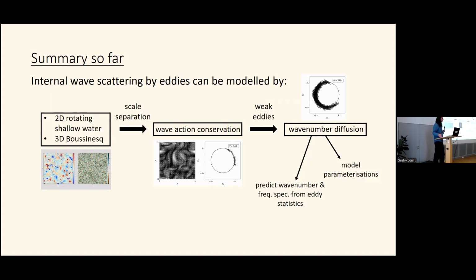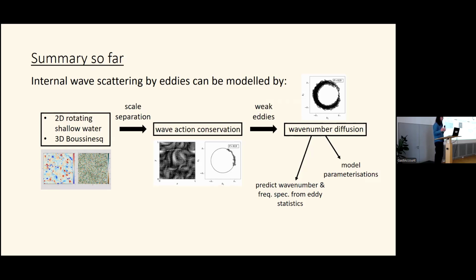And then if you further make this essentially a weak eddy, then you get wave diffusion, which is on the right there. And this can be used for parameterizing wave energy in models, predicting analytic expressions for wave number frequency diffusion, purely from the eddy energy structure. So that's all well and good.